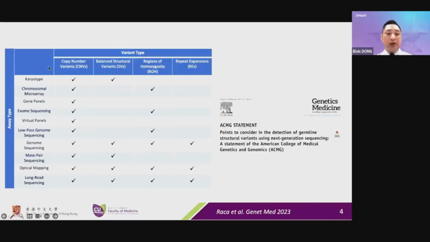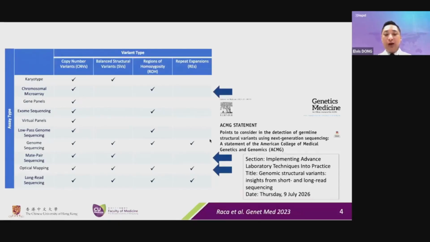Here's a table summarizing different methods and detection scopes, from karyotyping to CMA to sequencing, optical genome mapping, as well as long-read sequencing. Today, my presentation will mainly cover microarray, mate-pair sequencing, and optical genome mapping. For the other methods, I will talk about them in my next presentation on Thursday.